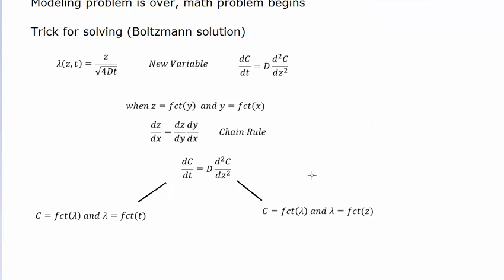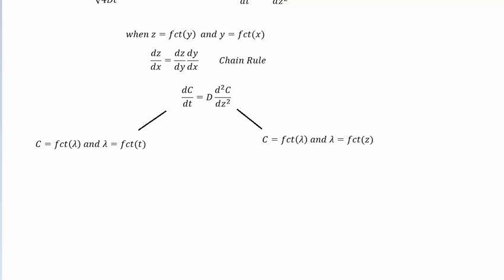And then we know that lambda is a function of two variables, it's a function of t as well as z. Then using this chain rule definition, what we could do is we could get expressions for dc dt and dc dz, right? From the exact definition from here, you can see that we could express dc dt as the product of dc d lambda and d lambda dt, and dc dz as the product of dc d lambda and d lambda dz.